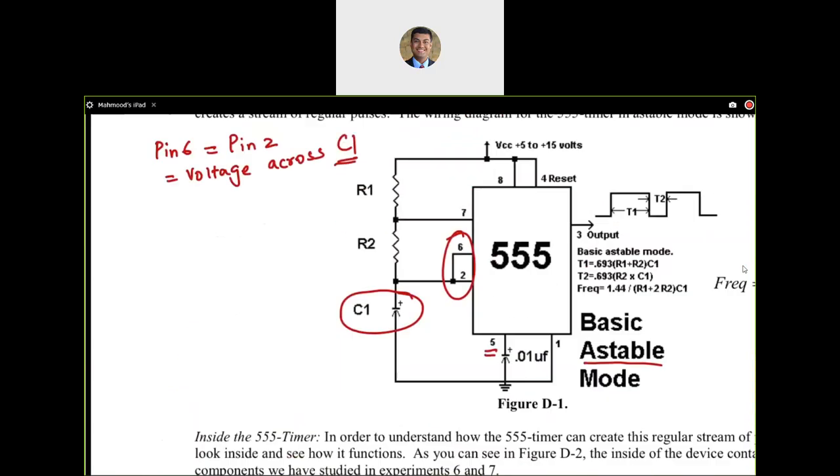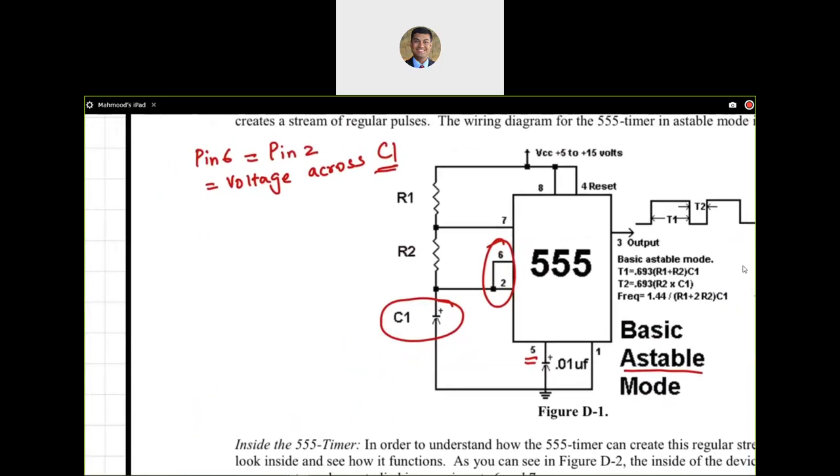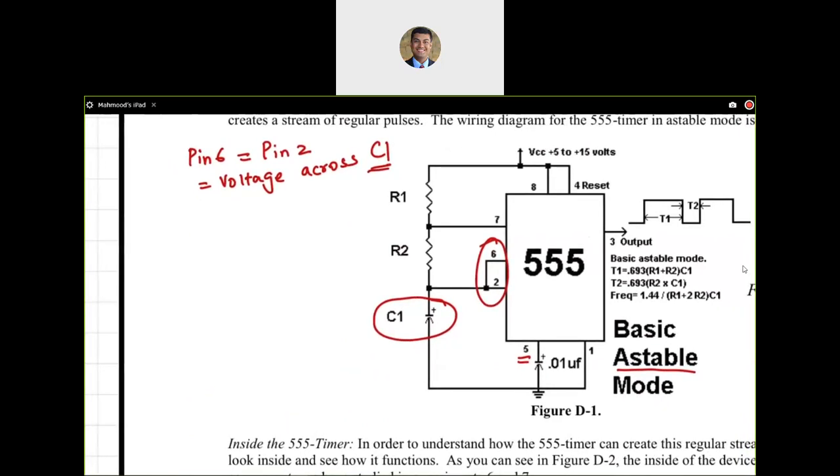Next, what is going to happen when we start things off, when we switch on the supply? Well, when you switch on the supply, pin 7 is going to be a dangling wire, which means that this is not going to be connected to ground. Pin 7 is not connected to ground because of the internals of the 555.